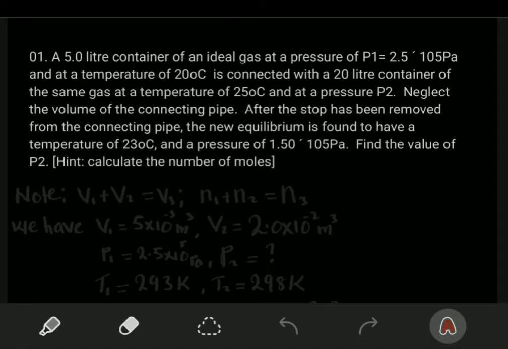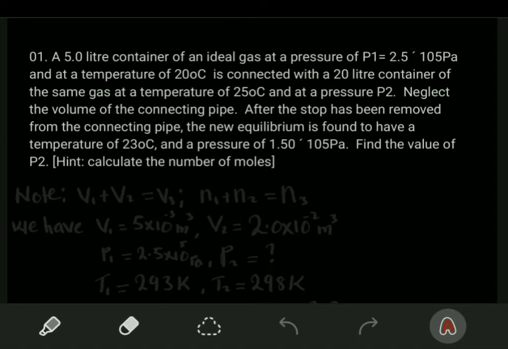The number of moles for gas 1 in the smaller container plus the number of moles of gas 2 in the bigger container will sum up to N3, which is the number of moles for the combined gases. So we are achieving equilibrium as we mix these gases, and therefore we are going to have a new temperature, a new volume, and also a new number of moles.